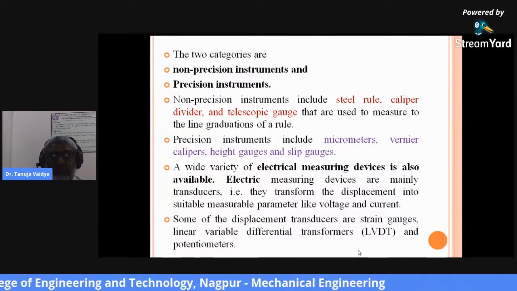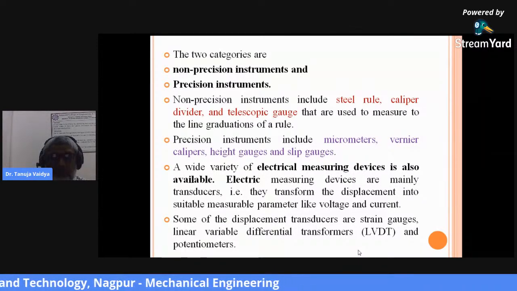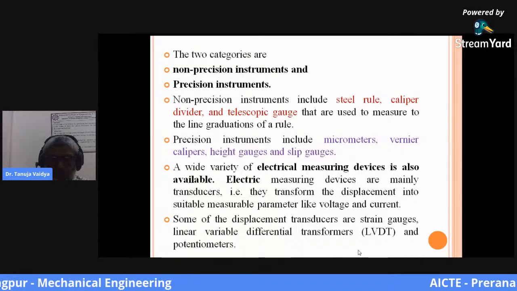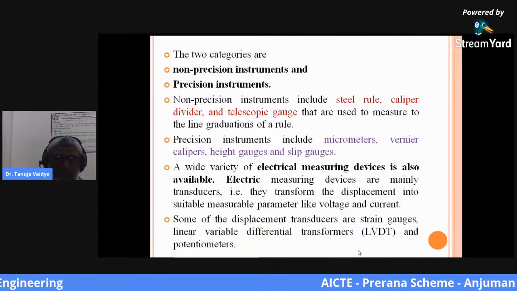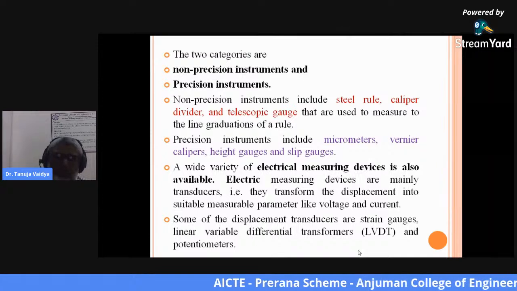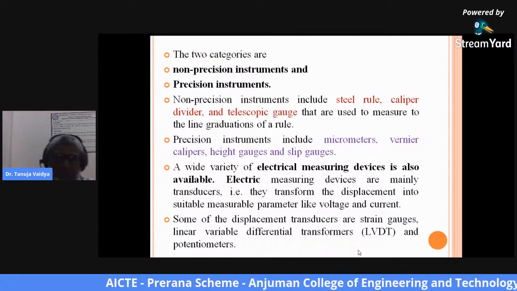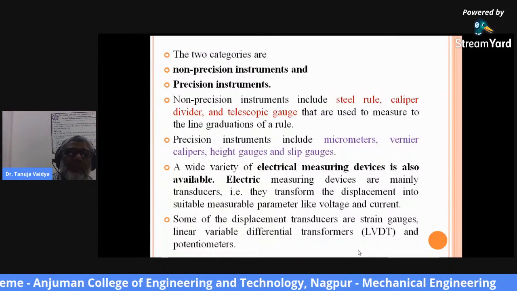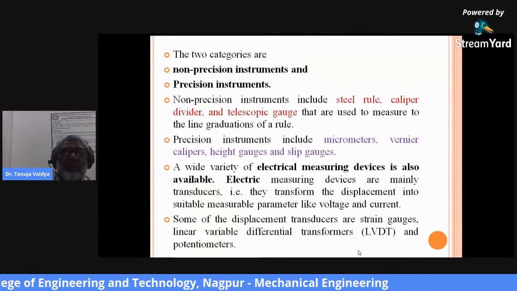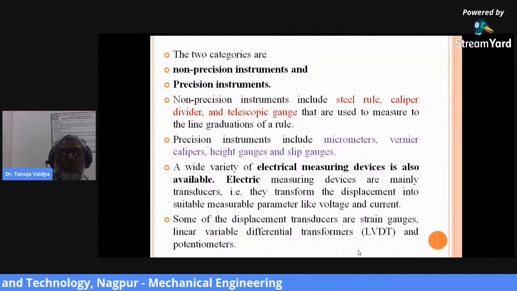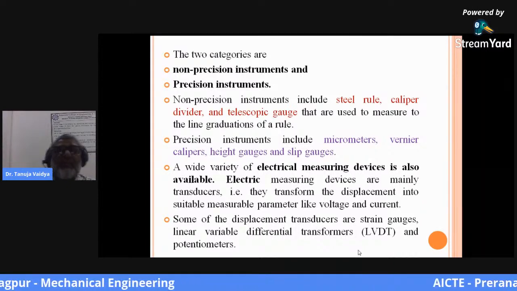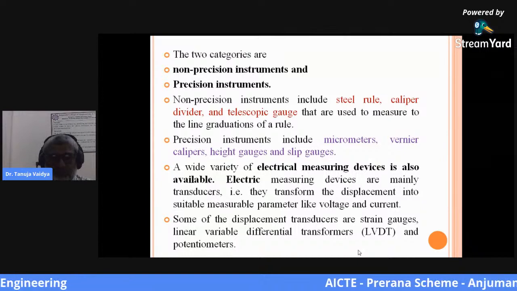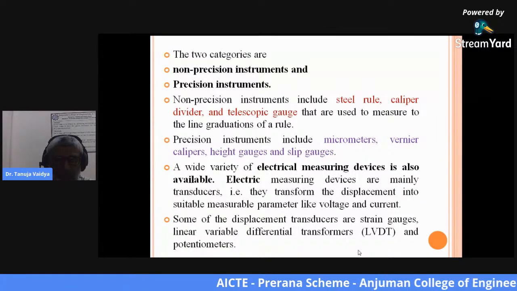In the line standard, the measurement is made between two parallel lines engraved across the standard. The most common example of the line standard is the steel rule, where you use the steel rule to get the dimension between two engraved lines across the standard.